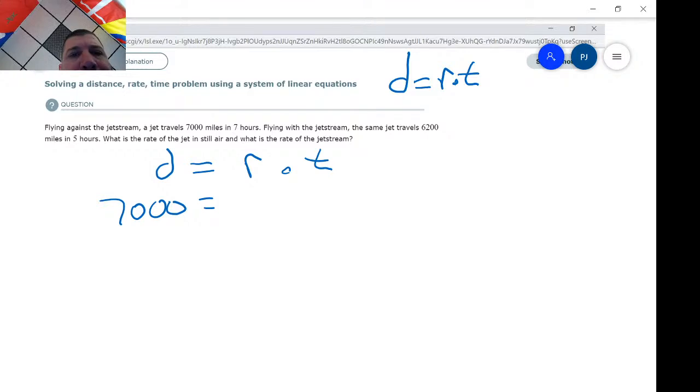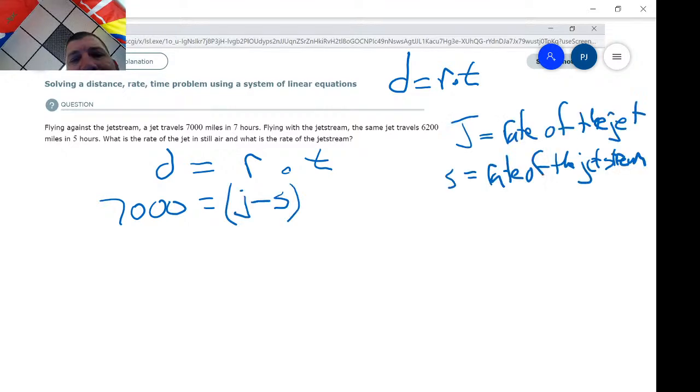So I'm going to call the rate of the jet J, and it's being slowed down, so it's going to be a minus S, and I'm calling S the jet stream. So J equals the rate of the jet, and S equals the rate of the jet stream.